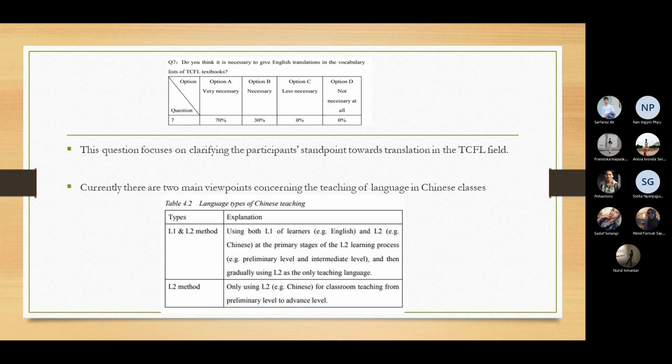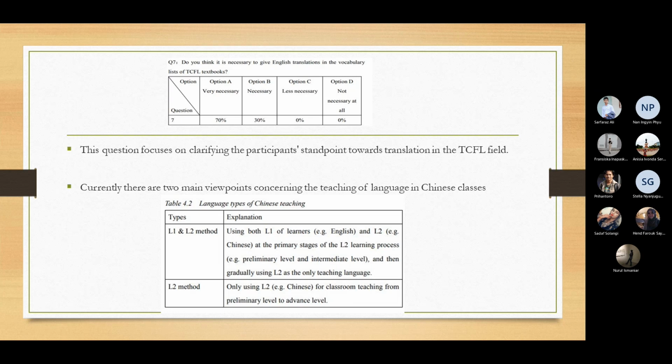What kind of things motivate them, and are they interested in this field or not, and what kind of backgrounds do they have. So this was included, but there are also two main viewpoints concerning the teaching of language in Chinese classes.